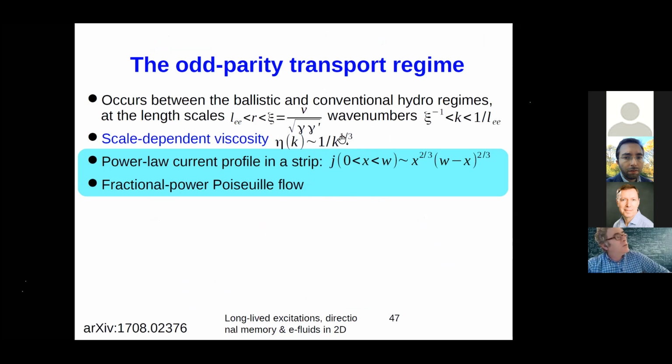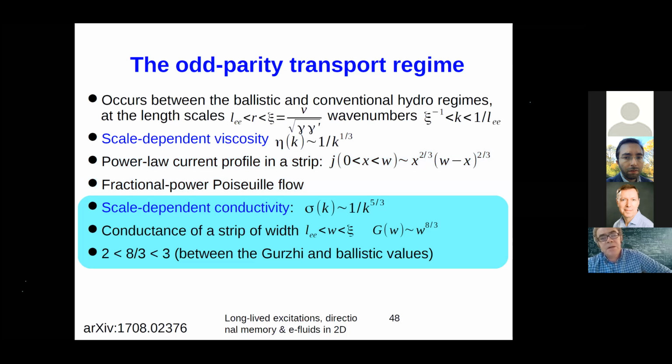As we know from our school books, the velocity profile across the pipe becomes parabolic. Here, if you do it in a strip and calculate the velocity profile, you get a fractional parabola: a 2/3 power of Poiseuille flow, or something very close to that.